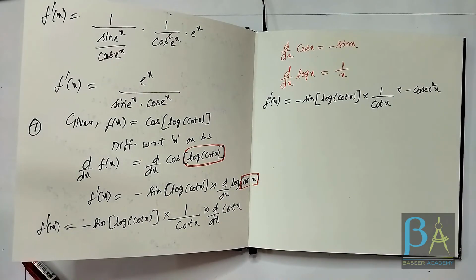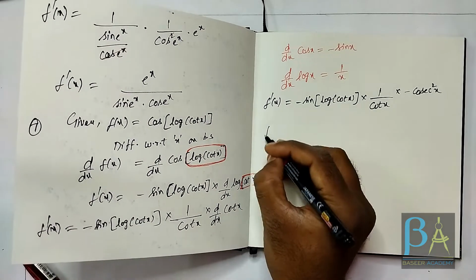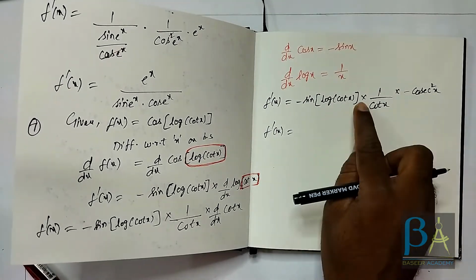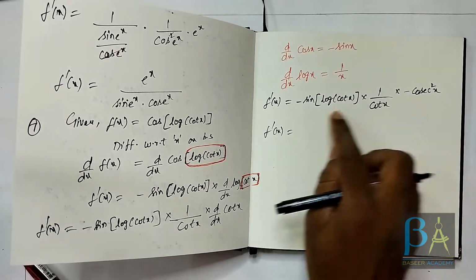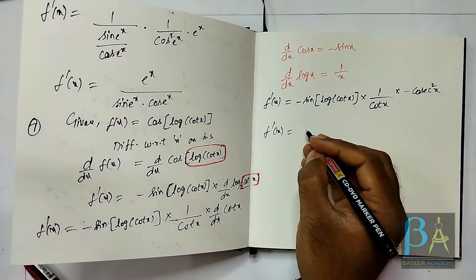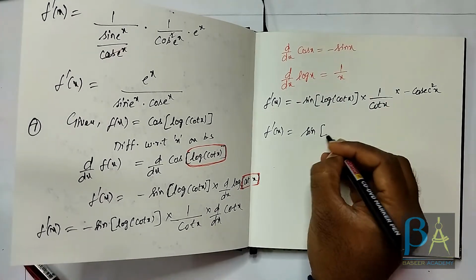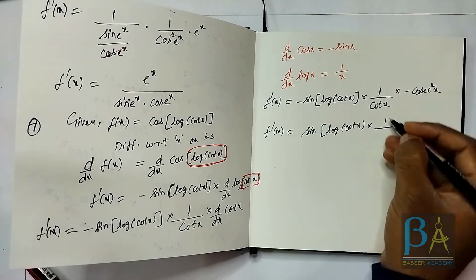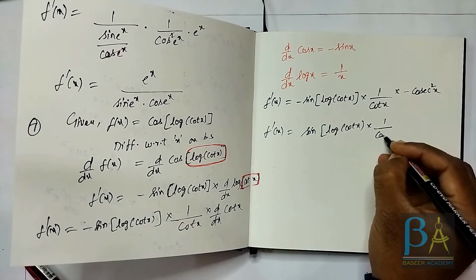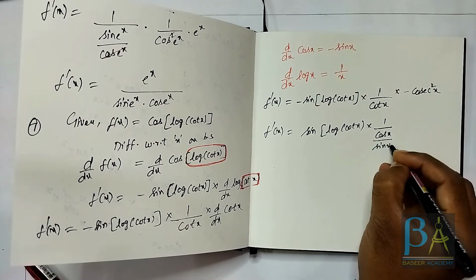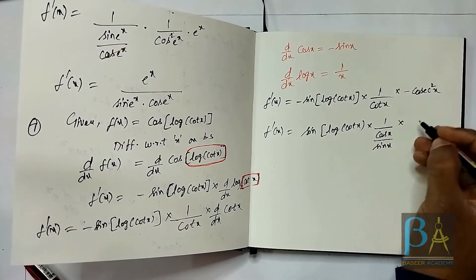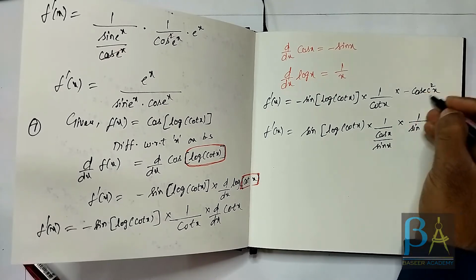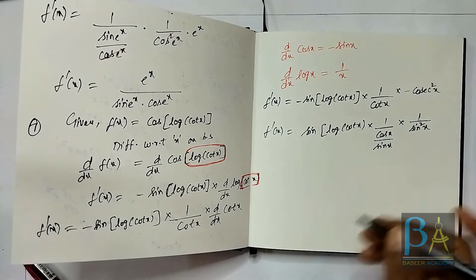Now you can keep it this way, or if you want you can simplify it a little further here. These three things that you see here, they are in multiplication, so you can multiply the signs here. Minus into minus, that gives you a plus. You are left with sine log cot x into 1 by cot x can be written as cos x by sine x, because cot is cos by sine, and then cosecant square is reciprocal of sine, so I'm going to write cosecant square as 1 by sine square x.